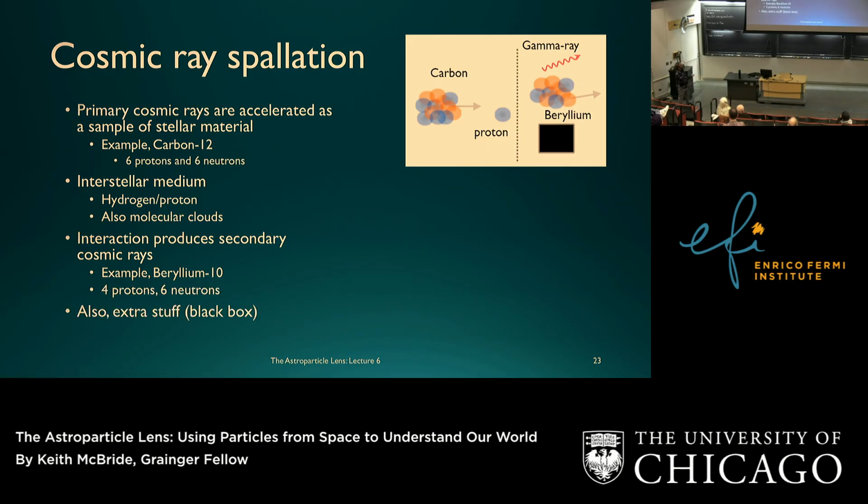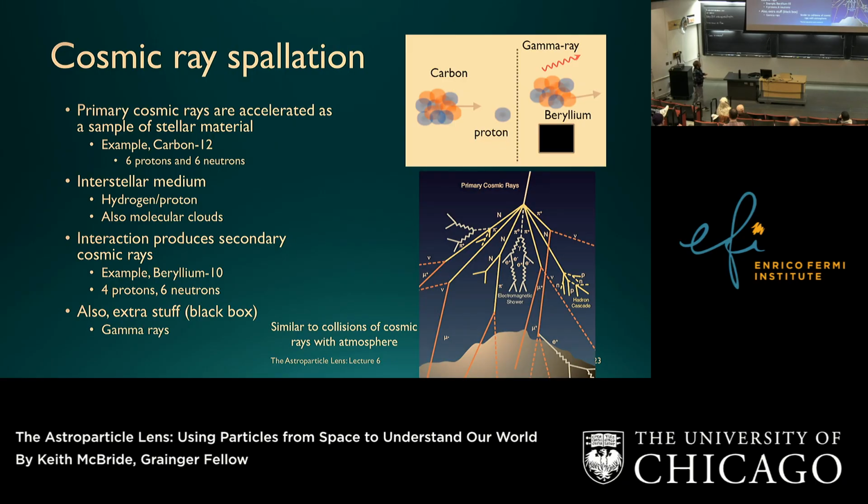But the other thing you get out is this black box that I'll talk about later, and gamma rays. So those gamma rays are not just coming from supernova remnants, they're also coming from the actual interactions of cosmic rays propagating and colliding in the Milky Way, right? And this is very similar. I want you to think about it this way too. It's very similar to the collisions that we talked about with cosmic rays in our atmosphere.